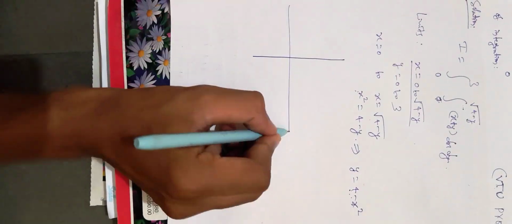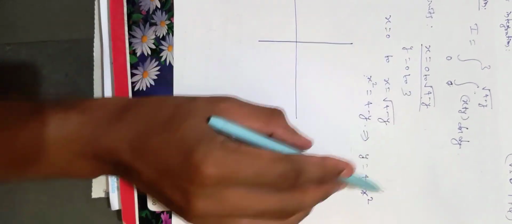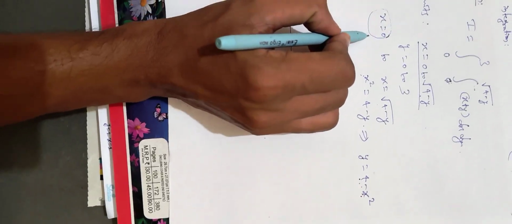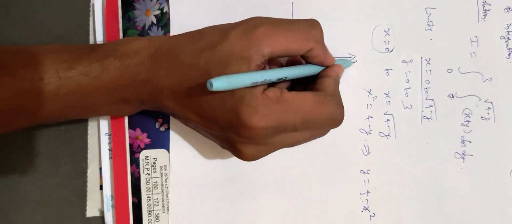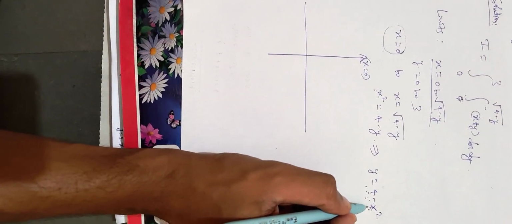The graphs are given as follows. x is running from 0 to this one. What is x is equal to 0? That is the y axis, so the equation of the y axis is x is equal to 0 itself. Then y is equals to 4 minus x square.